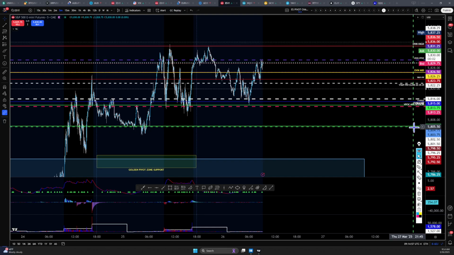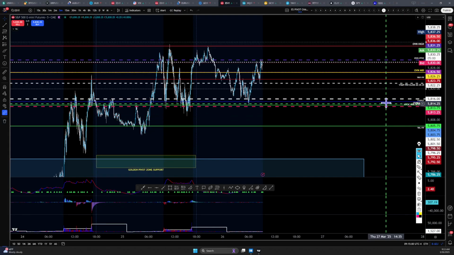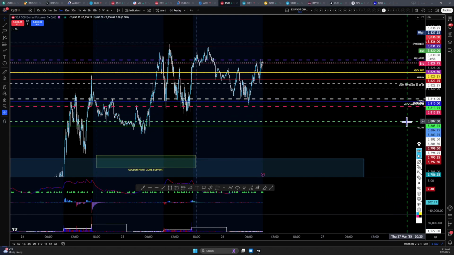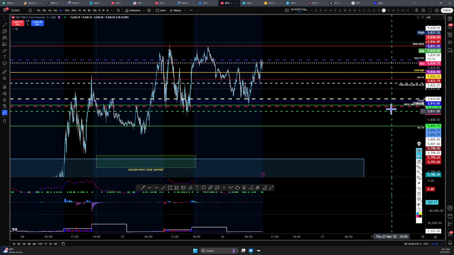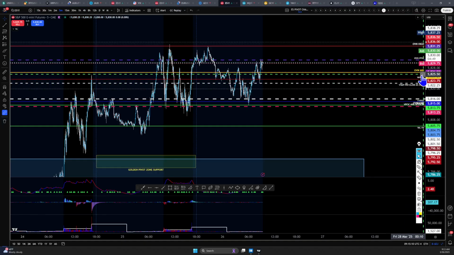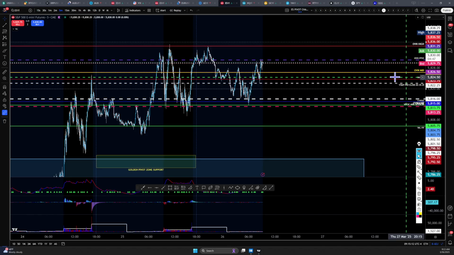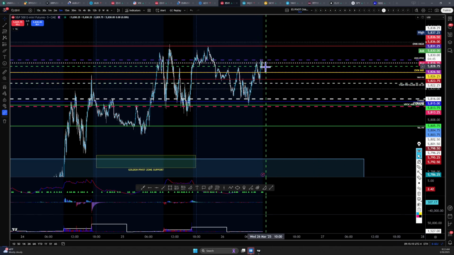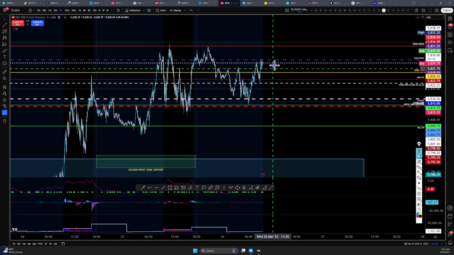So we have value area low previous day. Value area low is 58.05, POC is 58.15, value area high is 58.23.75, that red line right there. Right, so we're already moving out of yesterday's value area.